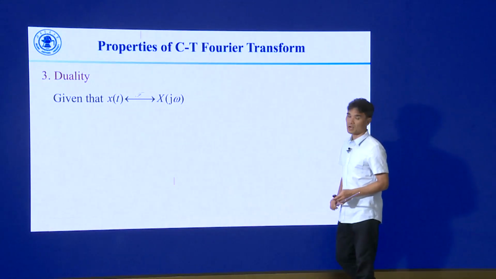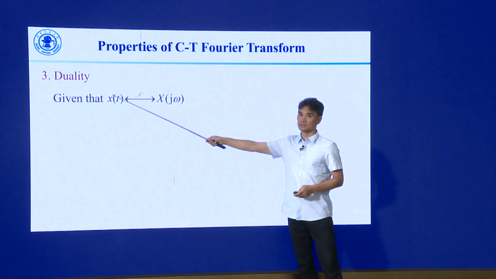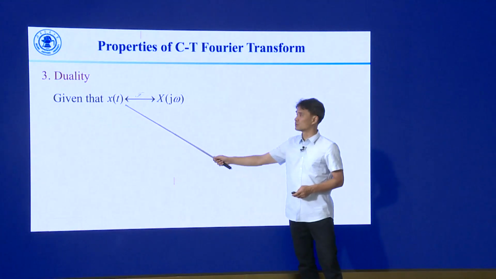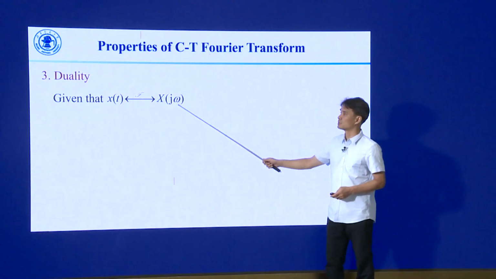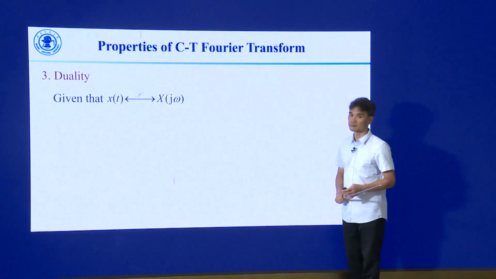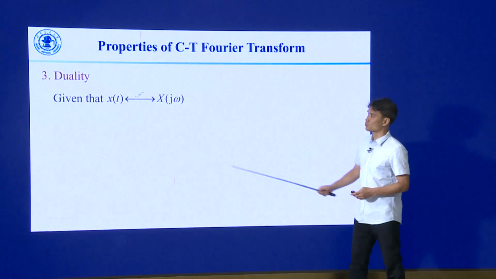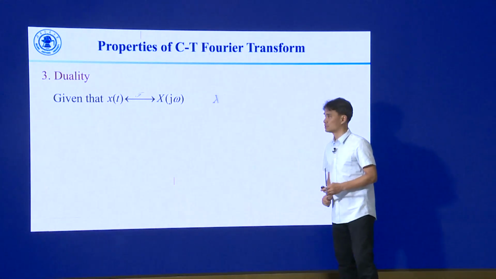The third property is called duality. If we know the original signal x of t in the time domain has Fourier transform capital X of j omega in the frequency domain, we can switch their position.